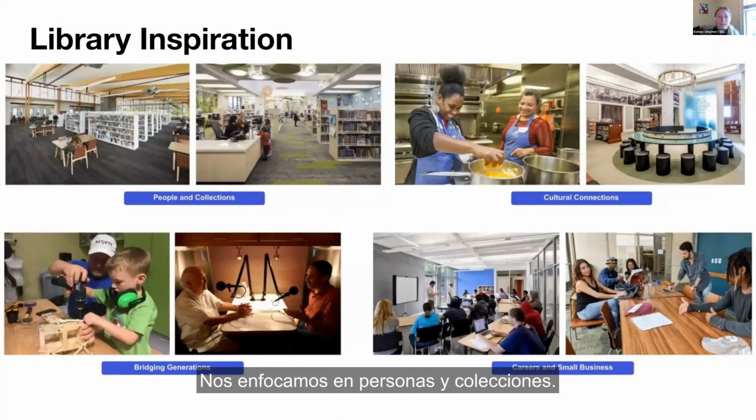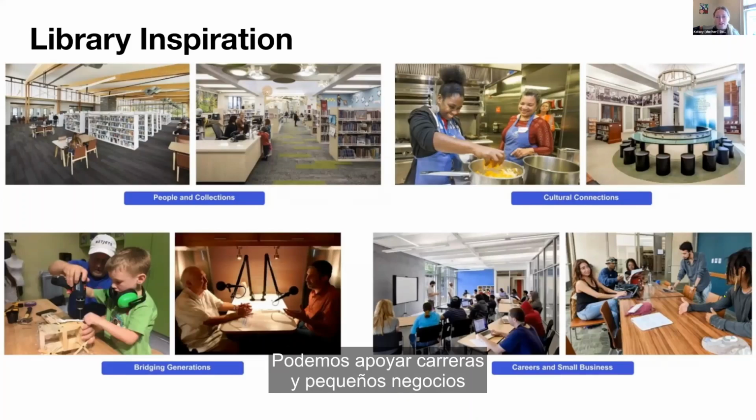We focus on people and collections. We can explore cultural connections within our communities and across Portland. We can support careers and small businesses in library spaces with meeting rooms, printing, technology, and financial assistance.